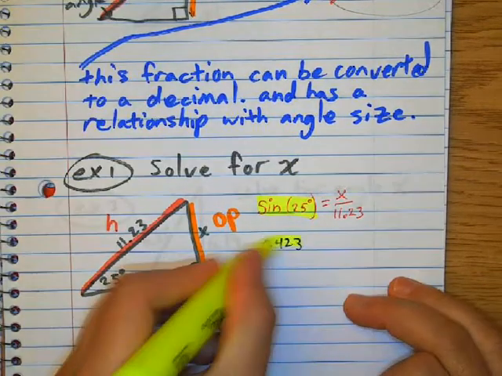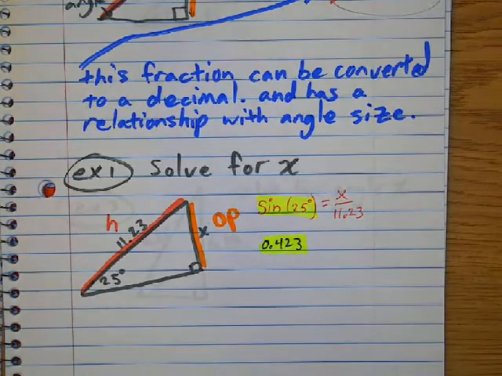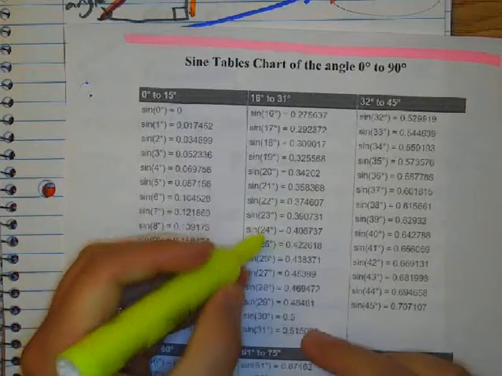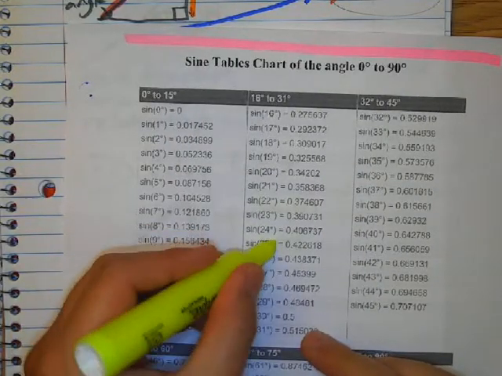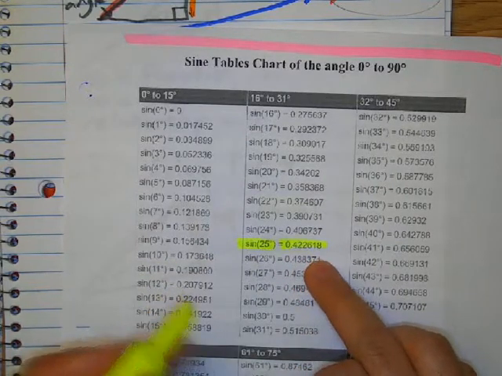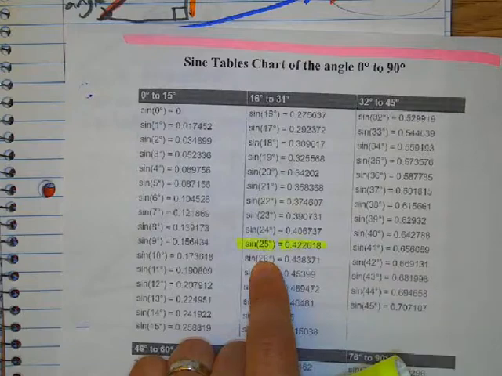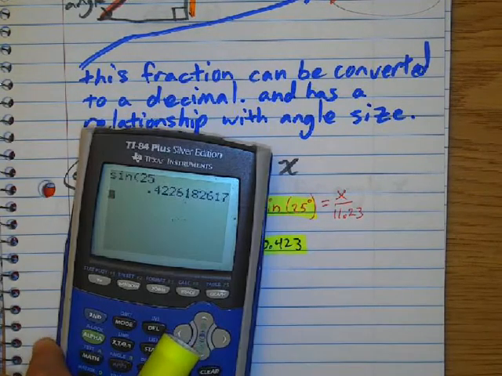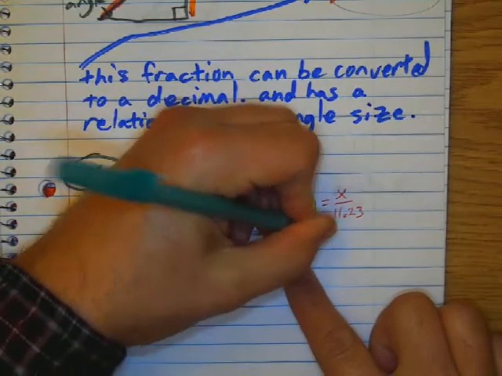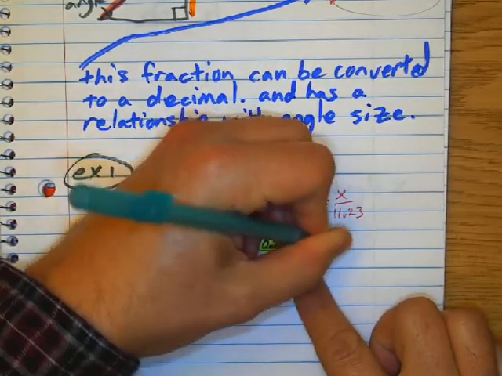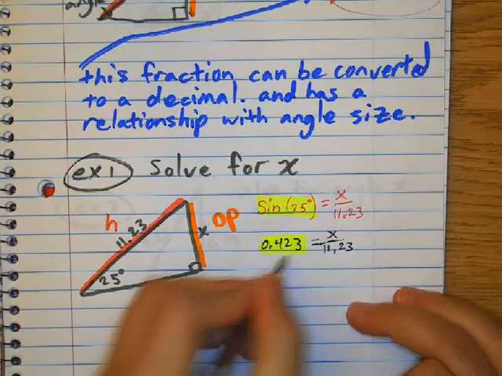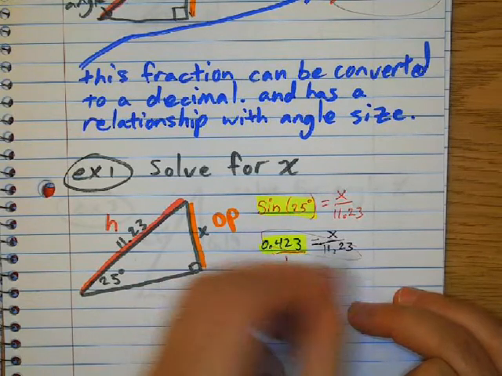Now, let's just say I didn't have a calculator or I wanted to use the table. If I go here, sine of 25 is equal to 0.423. So either way, I could use the table or I can use the calculator. So now I've got this decimal. It's equal to x over 11.23. As I mentioned before, with cross multiplying, I could put this over 1, have that equal that.